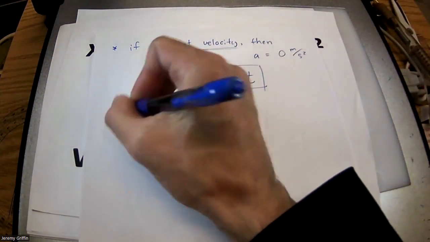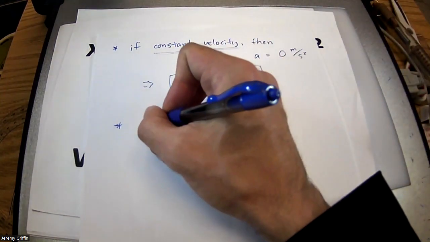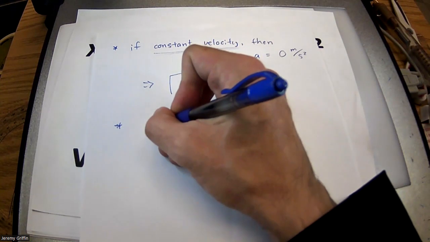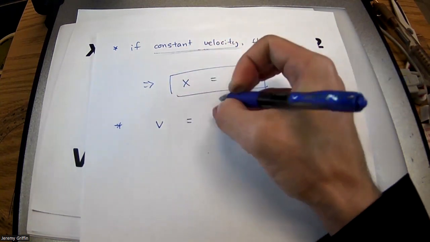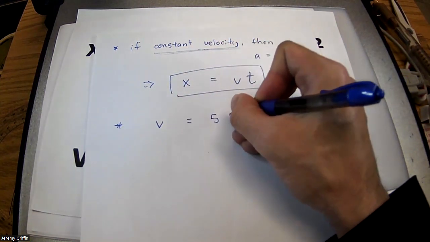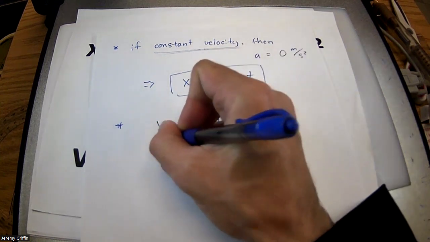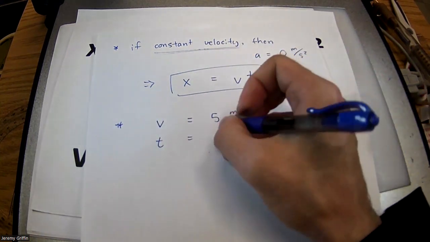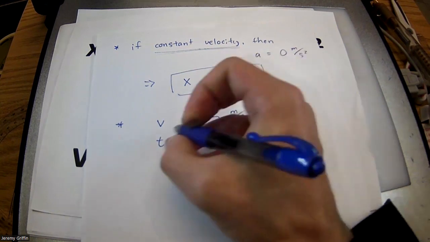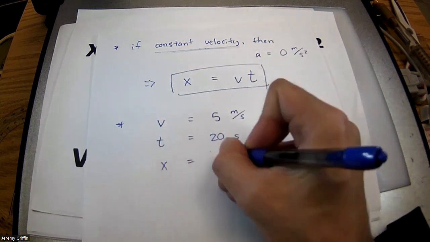Let's say scenario 1. Suppose that you're running with a velocity of 5 meters per second, and you do that for a time of 20 seconds. How far have you gone?